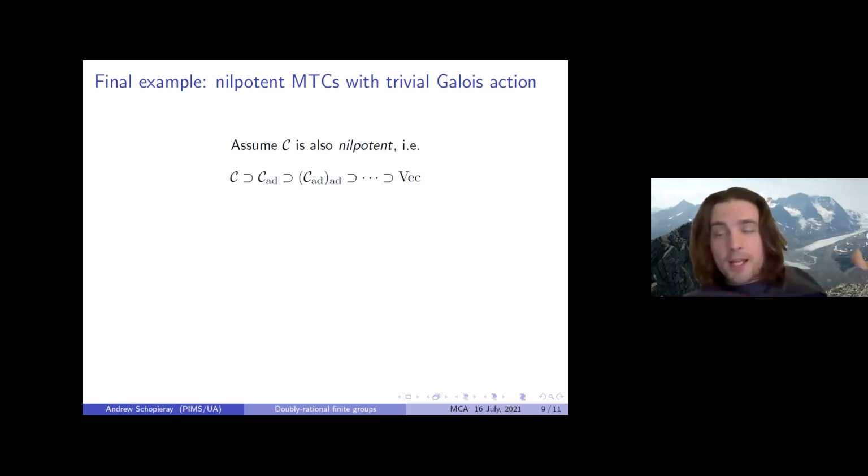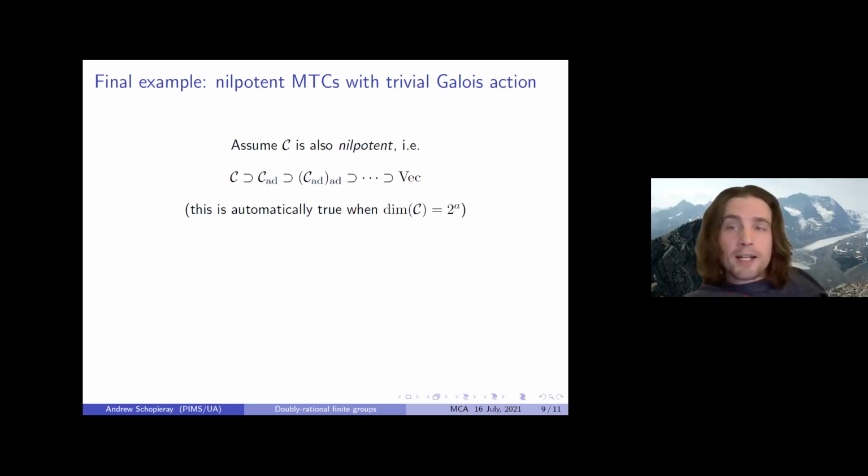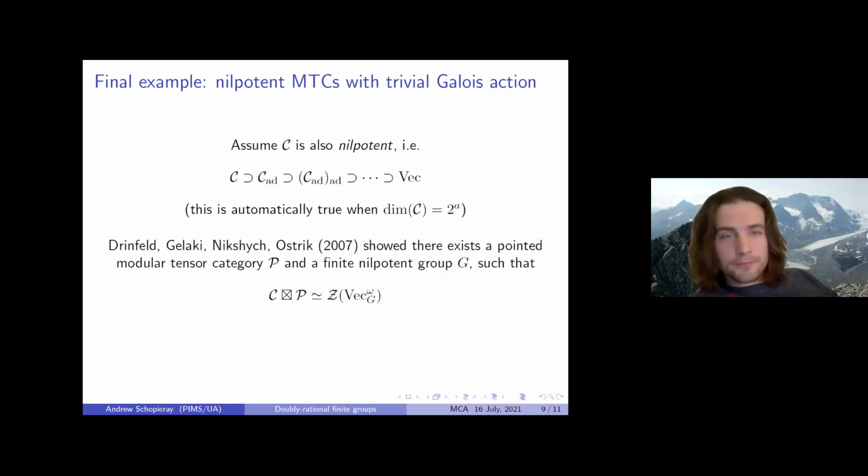So this might seem like a very strong restriction, but for instance, this is automatically true if we look at these categories which have dimension which is just a power of 2, just like for finite groups. So you are still getting an incredible amount of examples which are nilpotent.